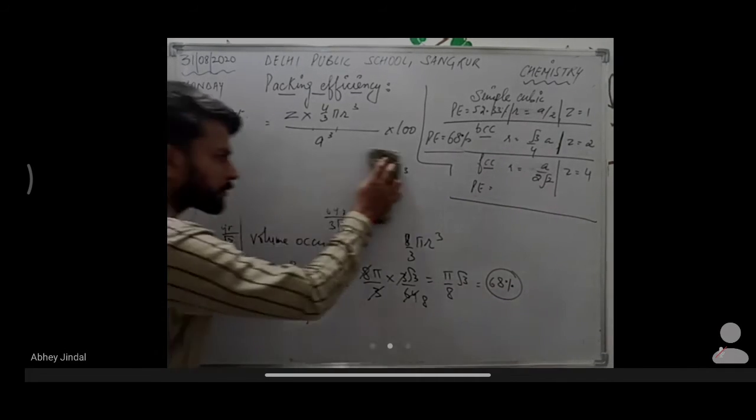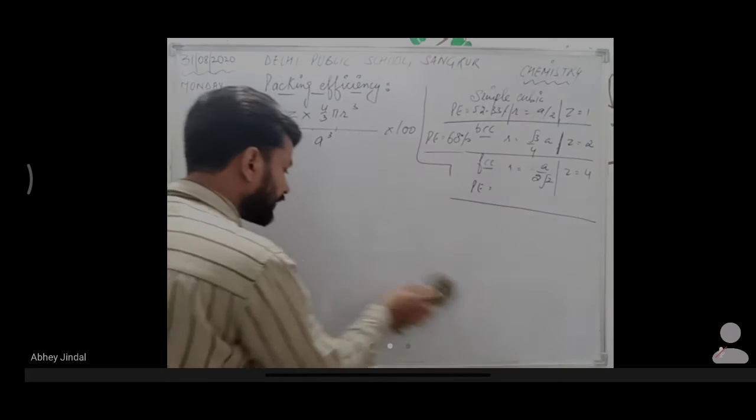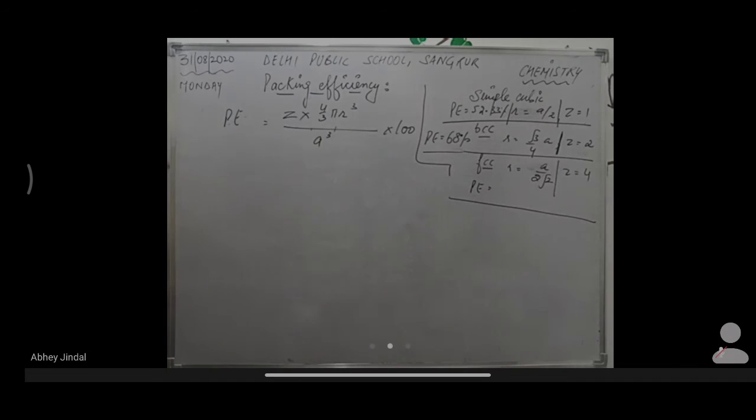Now again for FCC, these derivations can come in the exams. Okay, so you have to practice it at home also. And for FCC, as we know, r is equal to a by 2 root 2, as it is written on that side also.